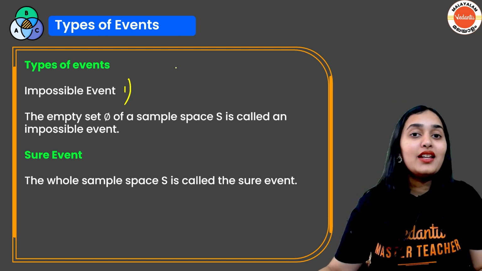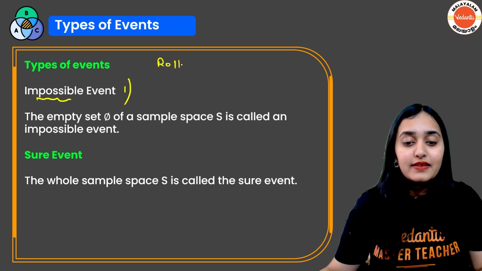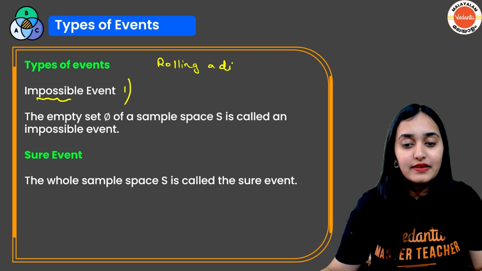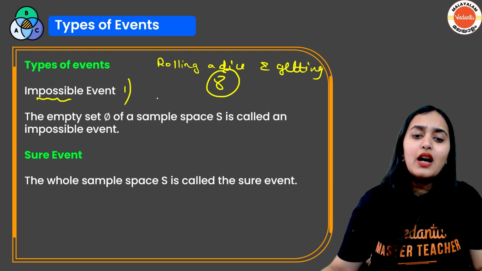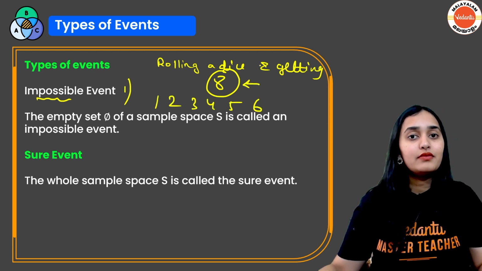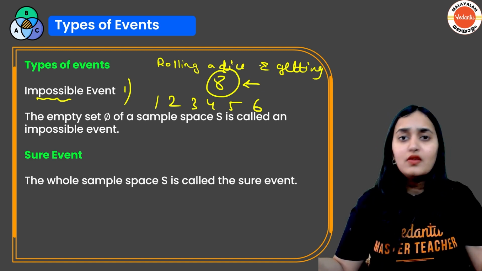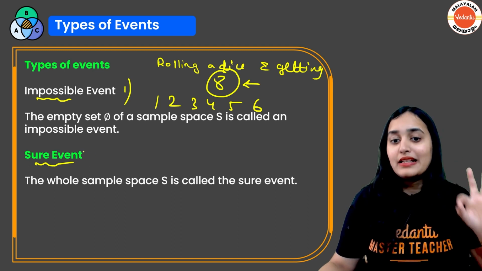But yeah, one sure example of an impossible event will be rolling a dice and getting 8. Is it possible? No, a dice only has 1, 2, 3, 4, 5, 6. How can you get 8 when it is not even written on the dice? So it is impossible.